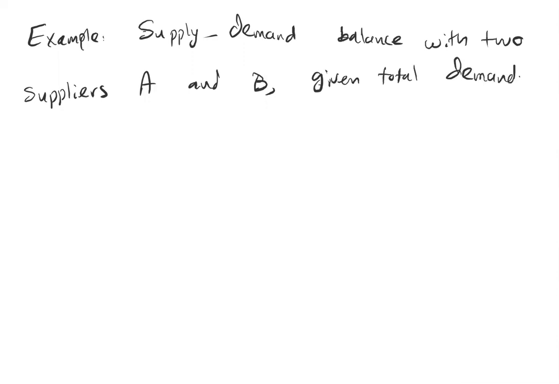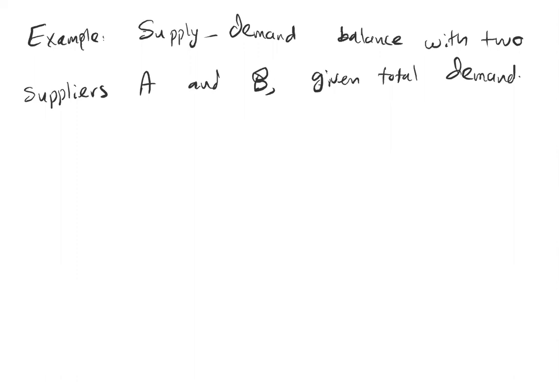The reason that I chose this problem is because it can be generalized to several real-world examples. For example, you want to record 10 terabytes of data on two data centers, data center A and data center B. So your demand is 10 terabytes, and your suppliers or service providers are the two data centers A and B.